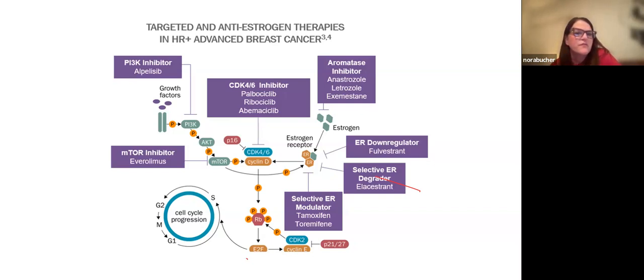And it's actually thought to be better tolerated than alpelisib. I'm not sure if anybody in the audience has had that medication or knows of it. It can be tough to tolerate, and so it's pretty exciting. We have a new medication that we can use to target that pathway, and therefore finding that mutation is very important. We can advance the slide, please.